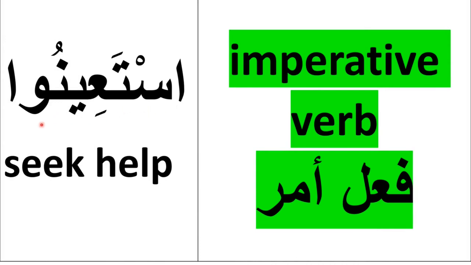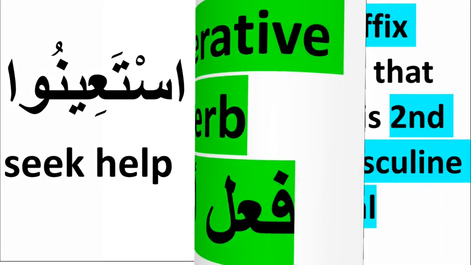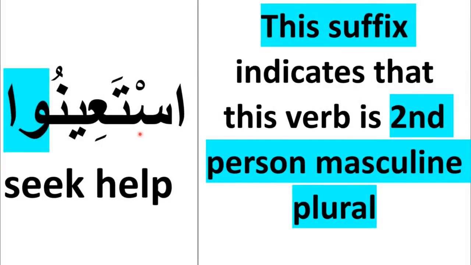استعينوا, seek help, is a فعل أمر or imperative verb. This suffix indicates that this verb is a second person masculine plural.